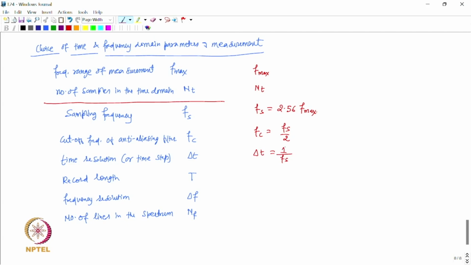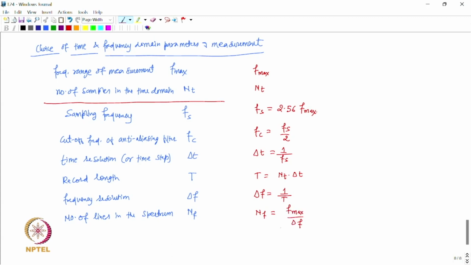And then we have the record length T, that depends on the number of samples NT times the time resolution delta t. Then we have the frequency resolution, that delta f is actually equal to 1 upon T, right, 1 upon the record length. And then we have the number of frequency lines, that depends on the range Fmax and delta f, correct.